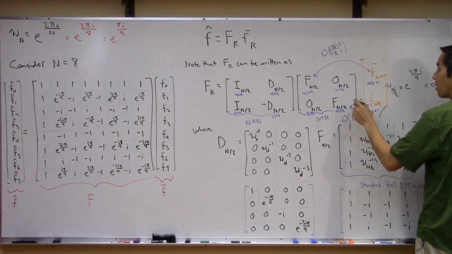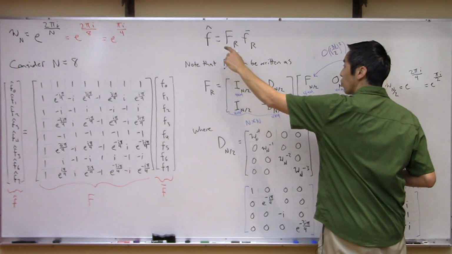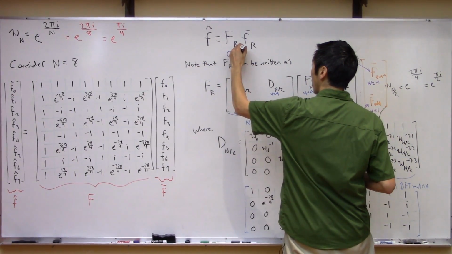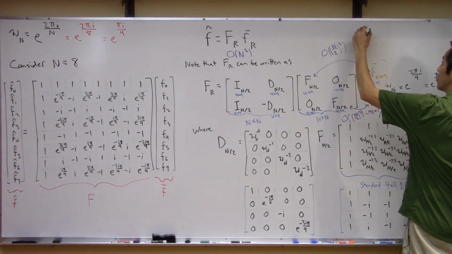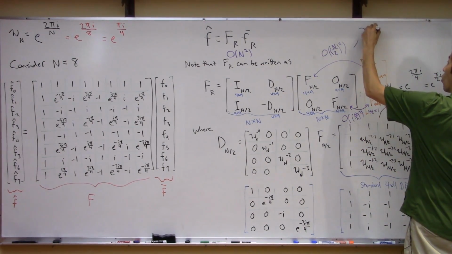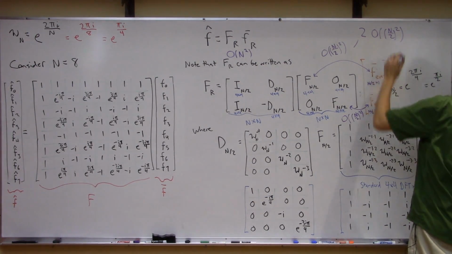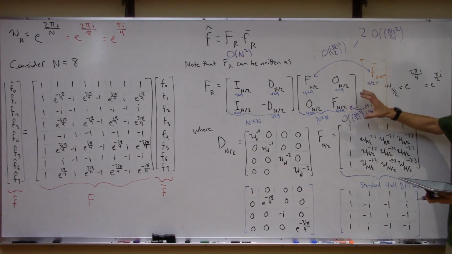So at the end of the day, what ends up happening is this, which we said earlier was an order n squared operation, now gets broken down into 2 order n over 2 squared operations. So it's a lot smaller problem. This is the beauty of it.